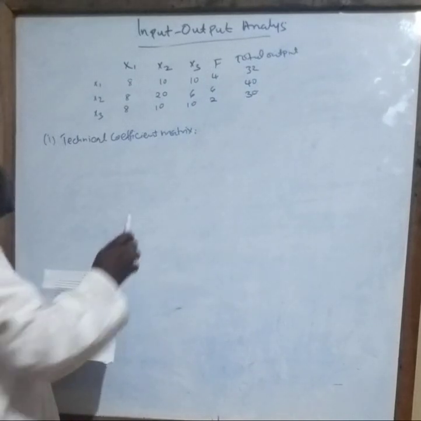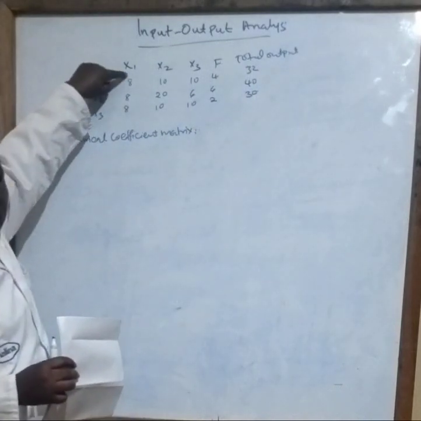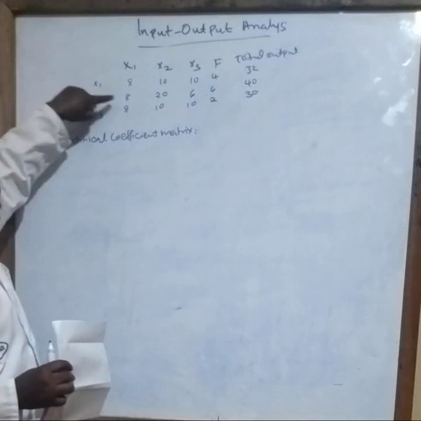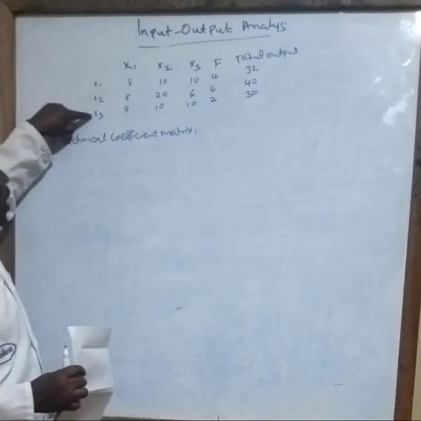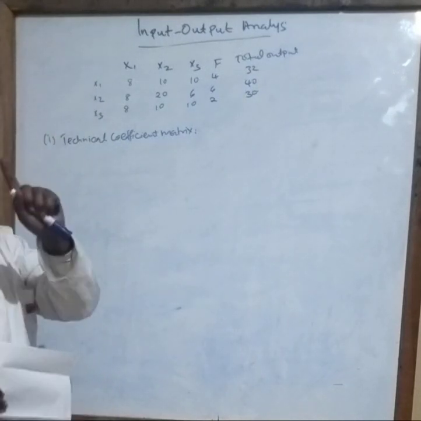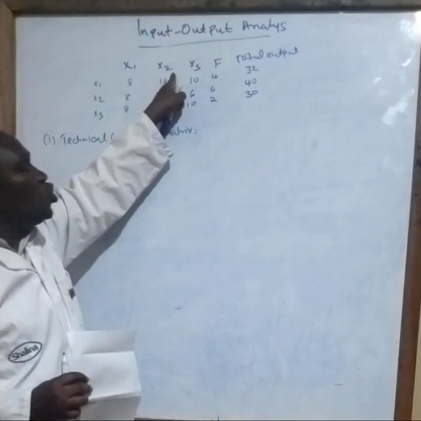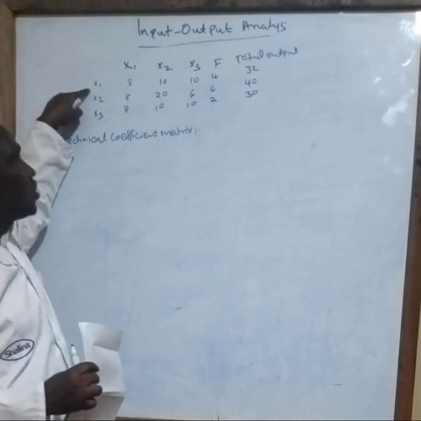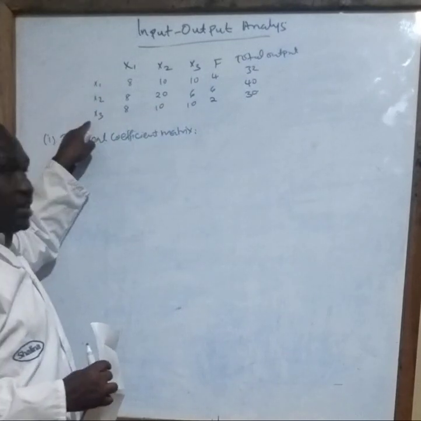Now, it is very simple. Look at what I'm going to do. For you to produce 1 unit of X1, you need 8 units of X1, 8 units of X2, and 8 units of X3 to produce only 1 finished product for X1. For X2, 1 unit only, you need 10 units of X1, 20 units of X2, 10 units of X3.